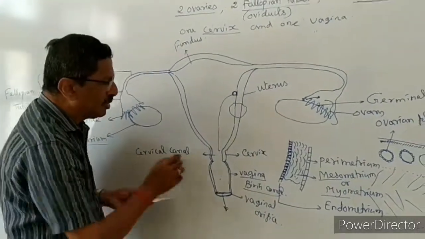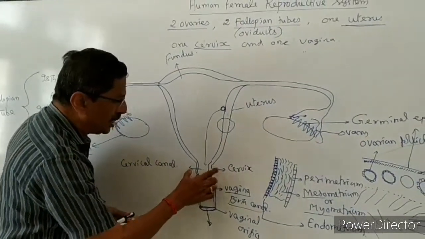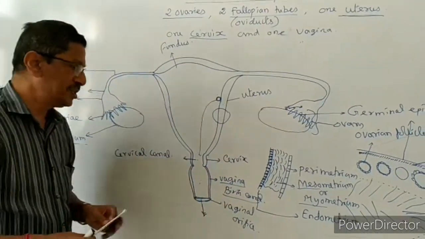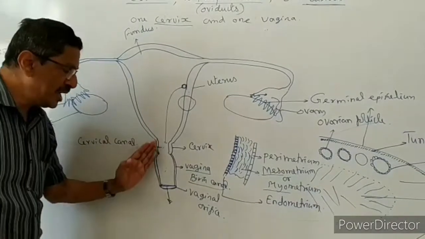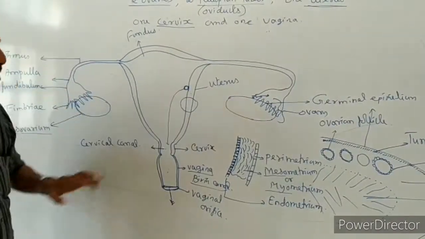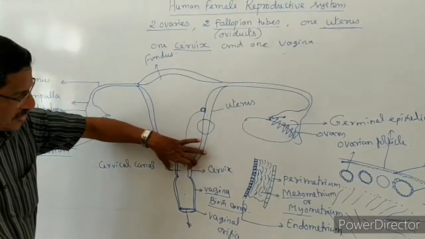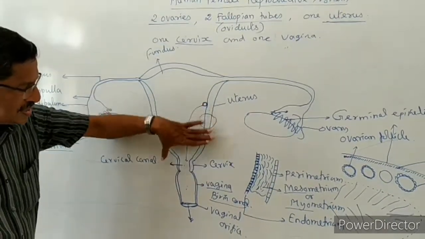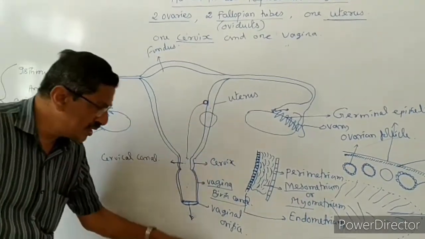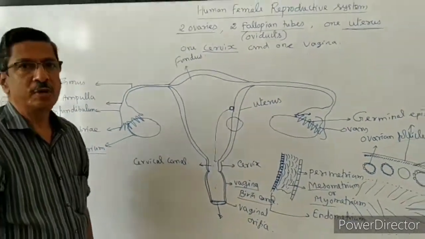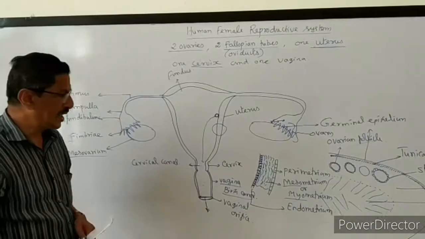Even the cervical canal and the vagina can expand at the time of childbirth to accommodate and deliver the child. For the delivery, the wall of the uterus, the wall of the cervix and the wall of the vagina will gently contract and push the fetus to come out. That is called delivery, otherwise called parturition, that we studied in the introduction.